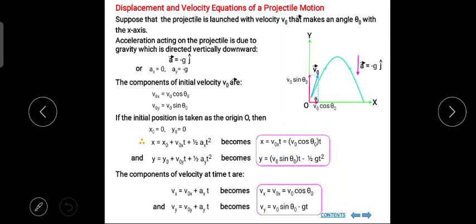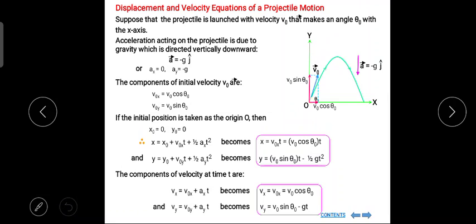I am interested in knowing the displacement and velocity equations of projectile motion. So just pay very careful attention. Suppose that the particle is launched with a velocity v naught. Here is the velocity v naught, from the origin I have launched a particle which is following a green color path like this way. You can see the path. V naught makes an angle theta naught with the x-axis, which means this is the initial velocity V naught at an angle theta from the x-axis.